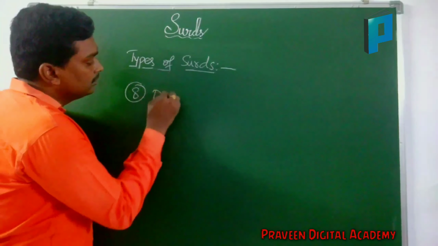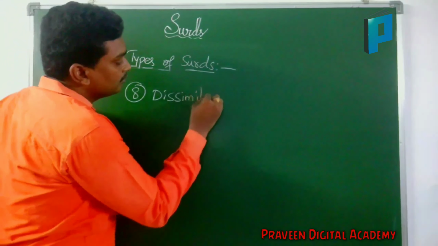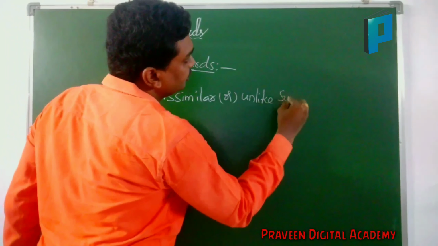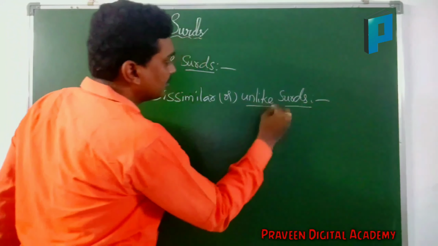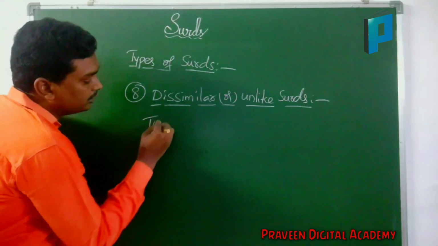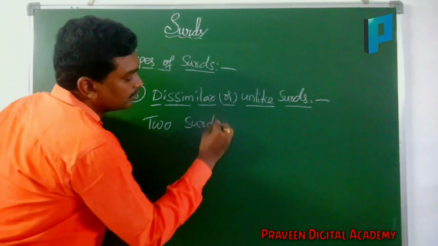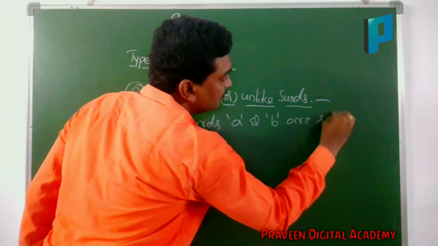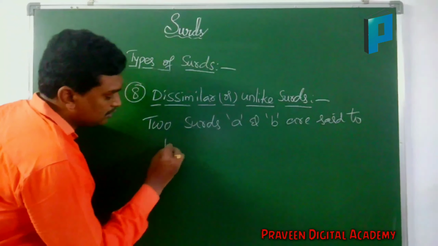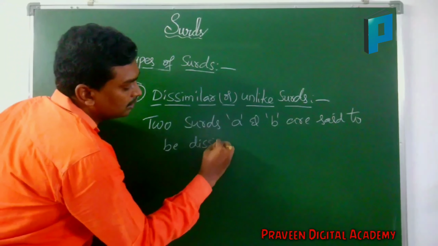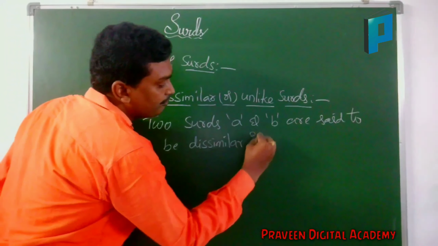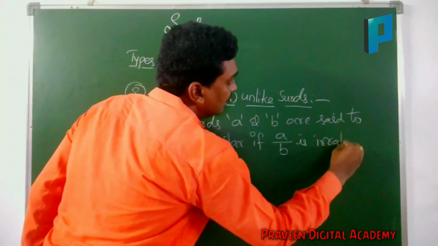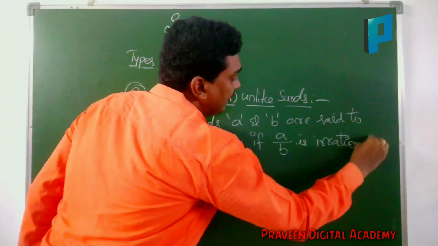Eighth one, dissimilar or unlike surds. Two surds A and B are said to be dissimilar if A by B is irrational.